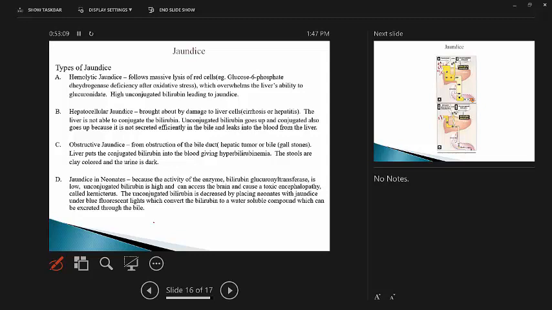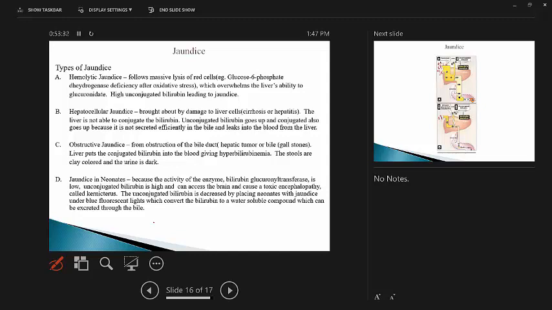Then the next one is hepatocellular jaundice, brought about by damage to liver cells. Cirrhosis is caused by what? One of the major causes of cirrhosis of the liver is alcohol abuse, and it's irreversible.